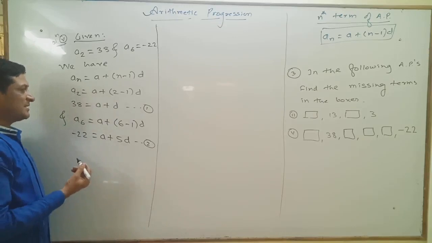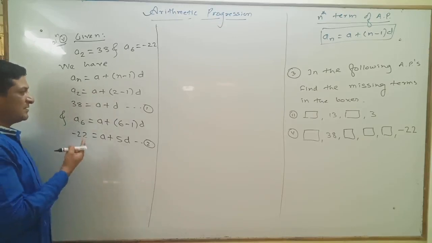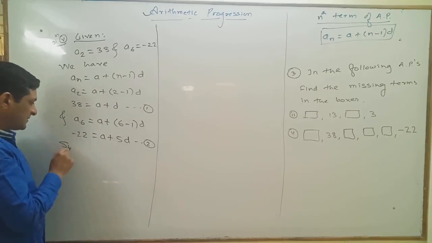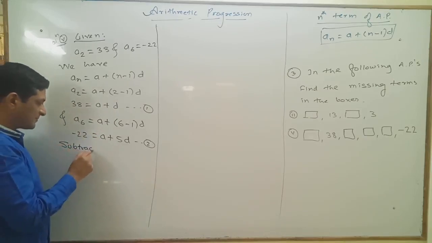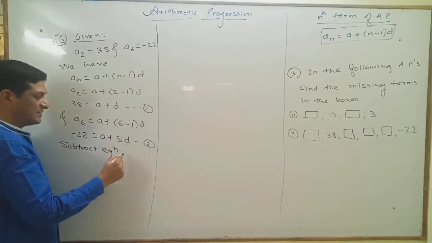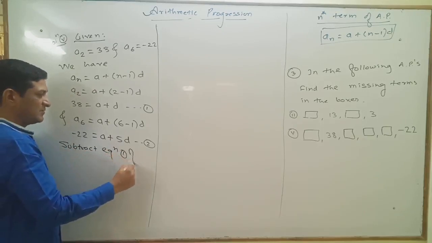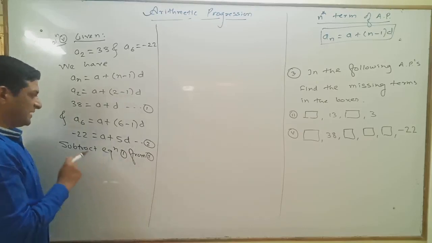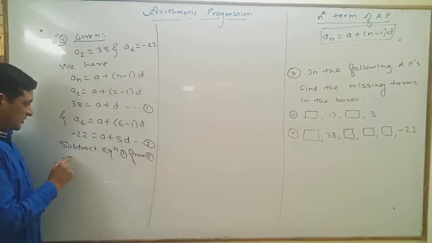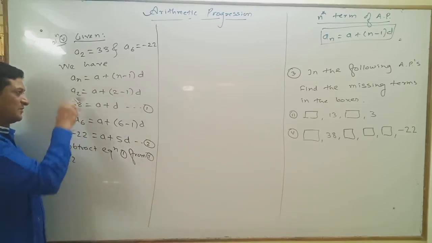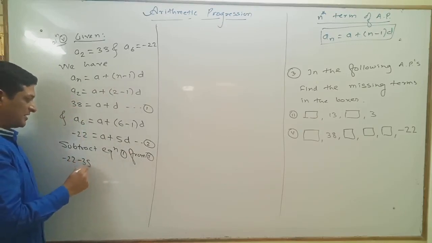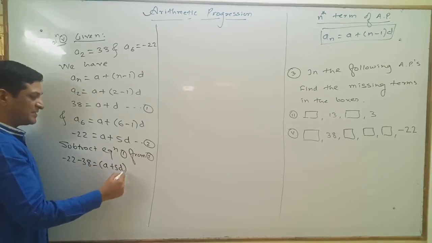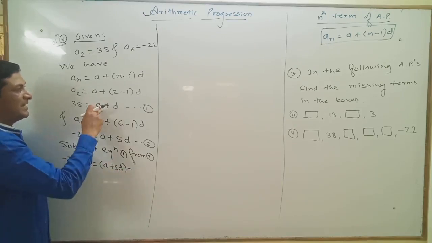Now we are trying to solve these two equations to find the value of A and D. So here subtract equation number first from equation number second. Let us see what we will get. So minus 22, keep it as it is, we are taking subtraction with the first equation, means minus 38. On this side, A plus 5D, keep it as it is, minus (A plus D).